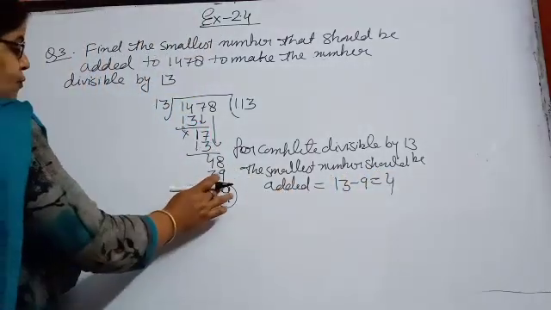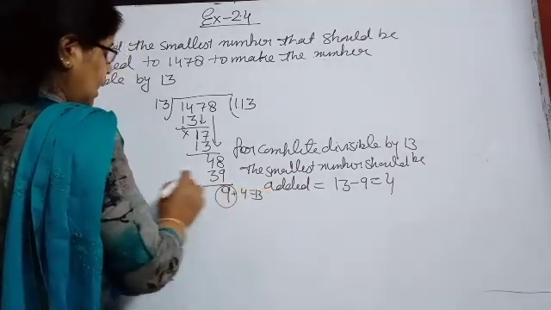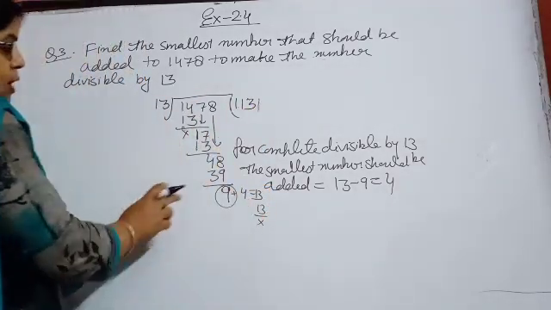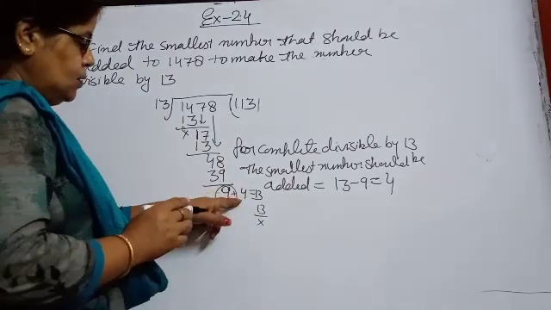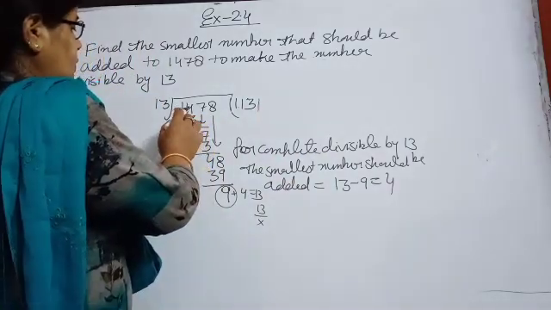See, if we add plus 4 here, it will become 13. In this way 13 1 ja 13 and this number will be completely divisible. So how much less is there? 4. So what should be added to this number?